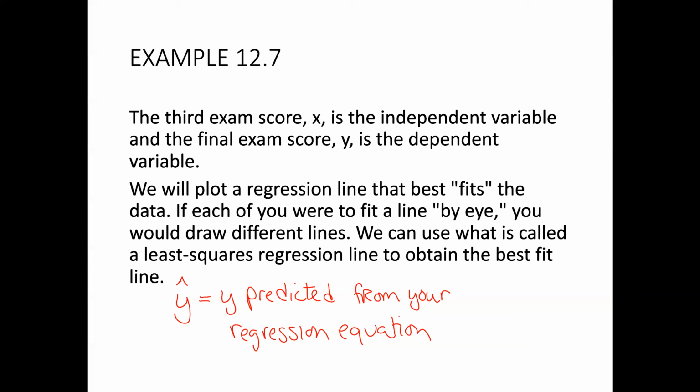So on several of your problems, it says, what would it predict if X is such-and-such? Just let your calculator do that for you. It's effectively taking that X value, plugging it into your regression equation and finding Y hat. Y hat is the value that your regression equation predicts for Y for that particular input X.